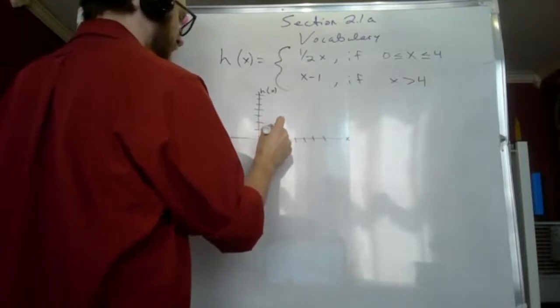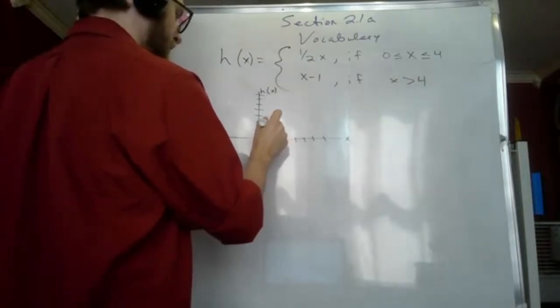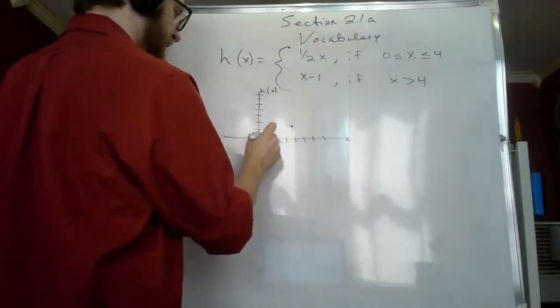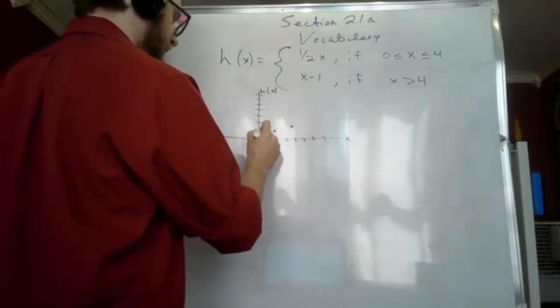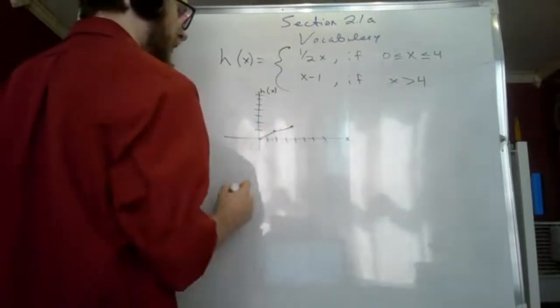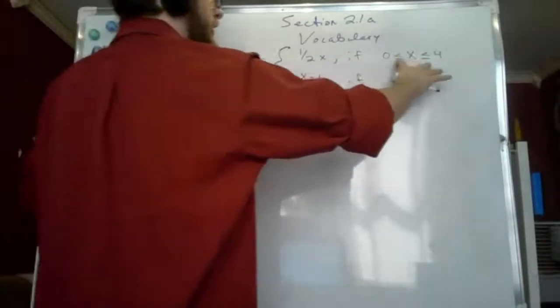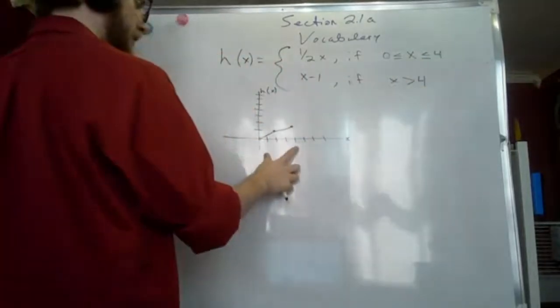That gives me a point here. That's at x equals 2. Rise 1 and run 2. That's at the x value of 4. 1, 2, 3, 4. And we're good. Because this 1/2 x line is only used for x values between 0 and 4. So there we have it.